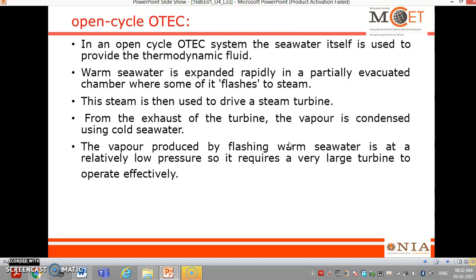The steam is then used to drive a steam turbine. From the exhaust of the turbine, the vapor is condensed using cold seawater. The vapor produced by flashing warm seawater is at a relatively low pressure, so it requires a very large turbine to operate effectively.